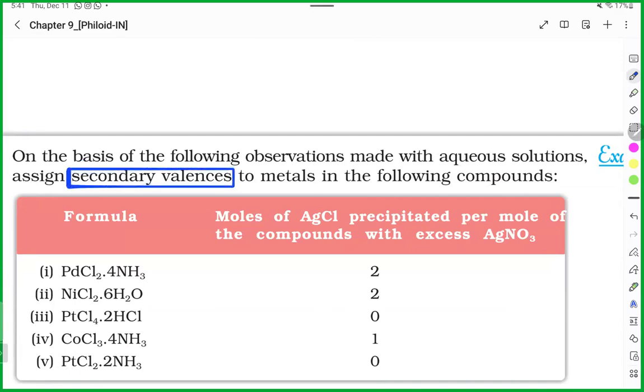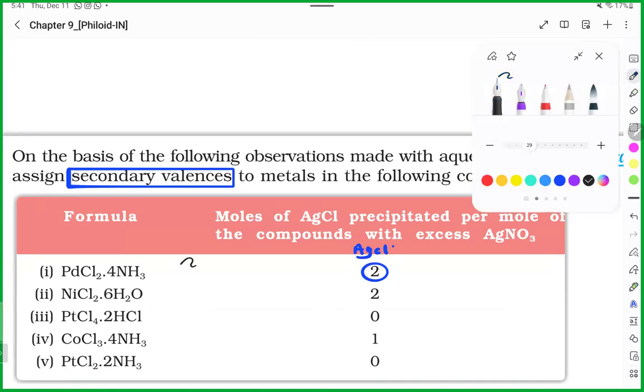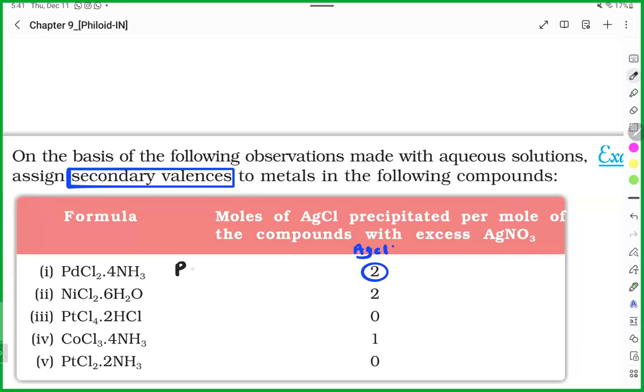So on the basis of the observation, assign the secondary valency of the metal in this case. For example, if you have moles of AgCl, remember this is AgCl moles. If two AgCl are formed, what does it mean? Both chlorines will be outside. Can I say this compound will look like this, right?